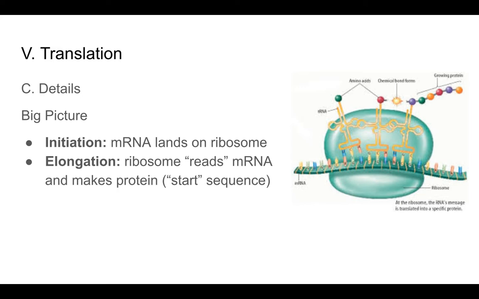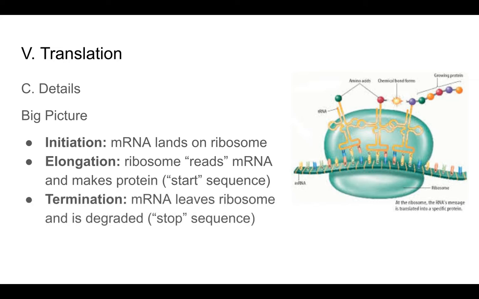The ribosome is looking for a starting sequence on the mRNA. That, again, is very similar to what we have seen in transcription and even in DNA replication. Termination is going to be stopping the process, right? There's going to be a stop sequence on the mRNA. And when that stop sequence is encountered, the mRNA and the ribosome separate from each other and go their separate ways.